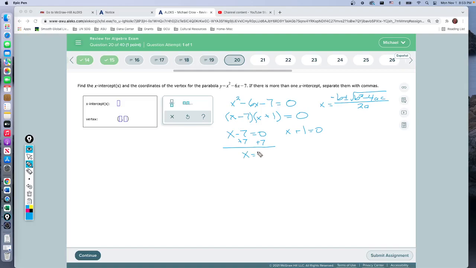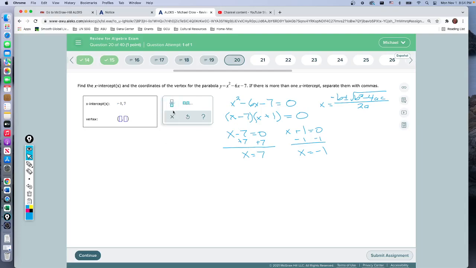So x equals 7 is one x-intercept. Subtract 1 from both sides. x equals negative 1 is the other x-intercept. It just wants them separated by commas, so we can put in negative 1, comma, 7.